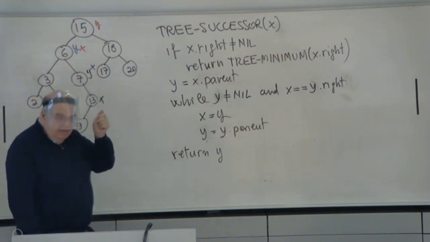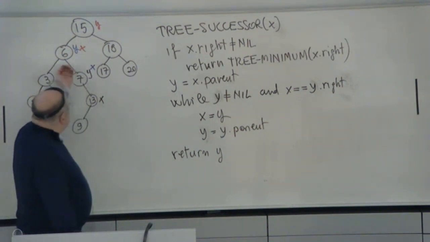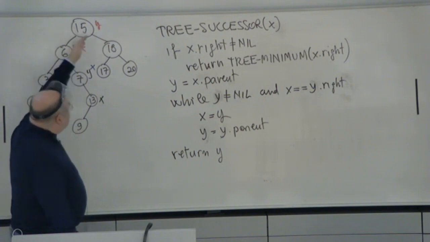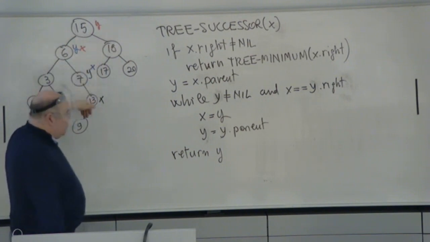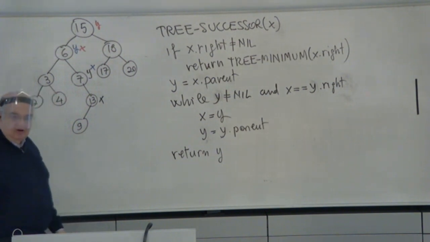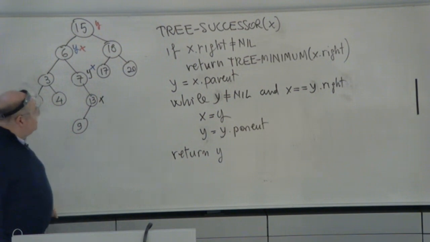Since you have gone up by keeping to the right, you know that you are getting smaller numbers, and then you get a number which is greater. And of course, that number must necessarily be the successor of x. And this is what the procedure does.